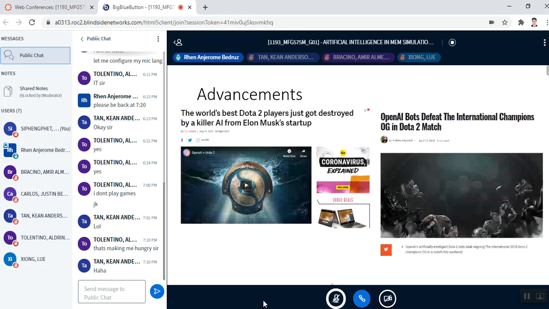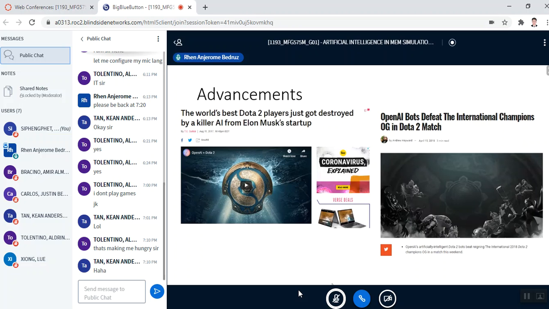Another story, this one is from a game. There's an AI company created by Elon Musk called OpenAI. OpenAI is one of the top researchers in AI.